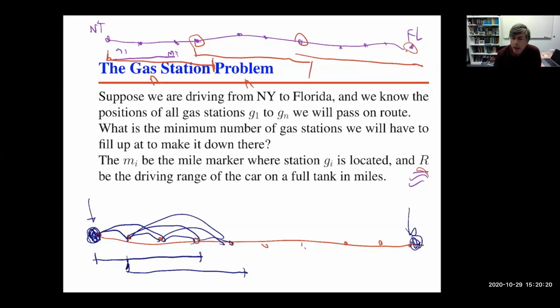I hear shortest path. Shortest path would work. Should we use Dijkstra's algorithm for this problem to find the shortest path? Okay, I'm hearing DFS. DFS is the wrong answer because that's depth first search. That has nothing to do with finding shortest path.